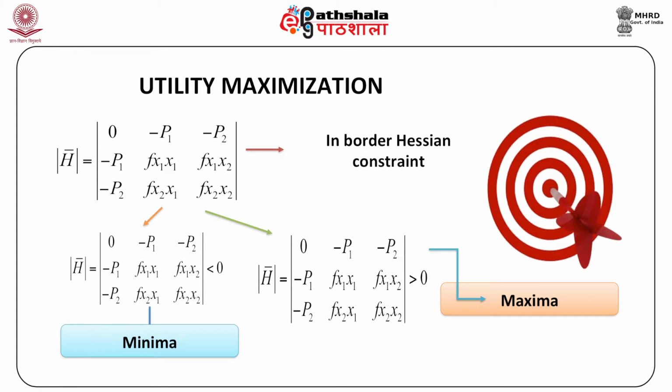If the determinant of this bordered Hessian is less than 0, then it represents minima. If the determinant is greater than 0, then it represents maxima.